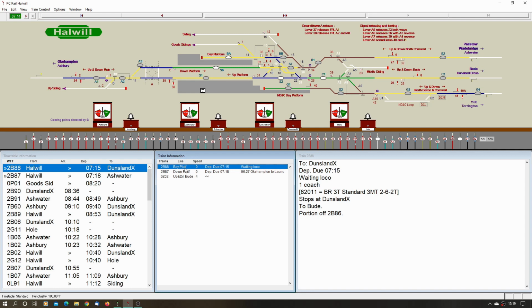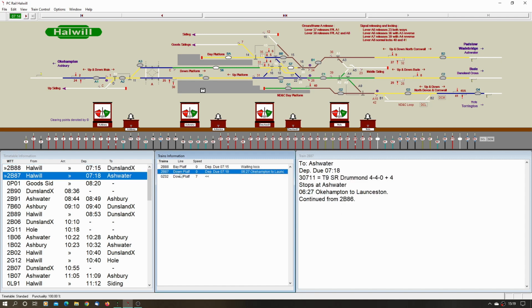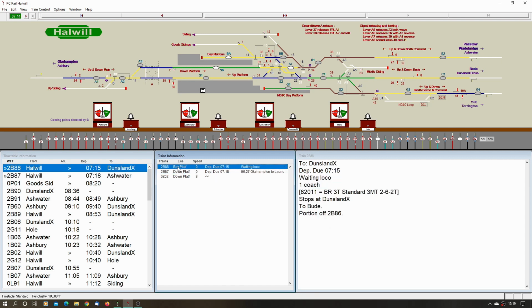Oh, I can get that one away, I think. Let me have a look. I can lock 13. Yes, let's see if I'll get that one offered on. Oh no, it goes to the bay platform. Waiting loco.